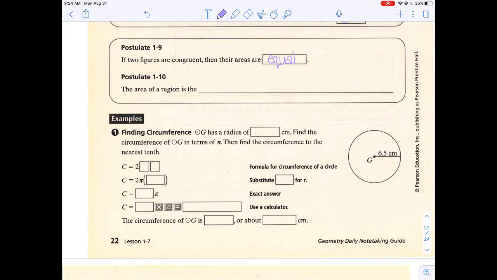And then the second postulate, 1-10, the area of a region is the sum of the areas of its non-overlapping parts.